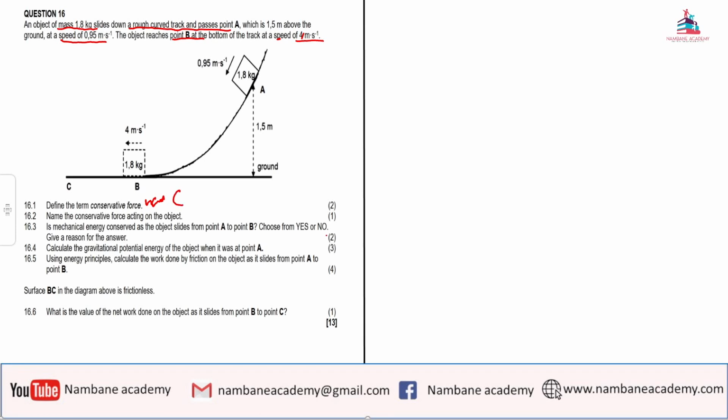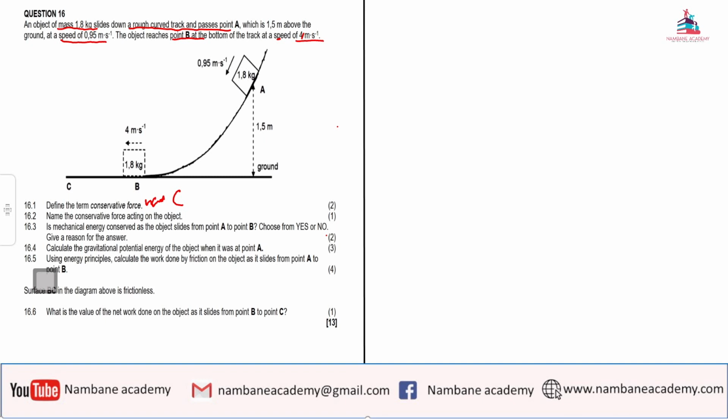Either you get it right or you don't. So it is important for each and every one of us to know the definitions. I was very happy you got it right.